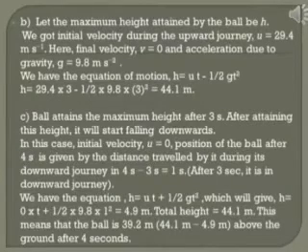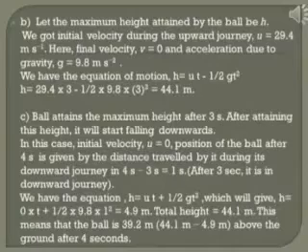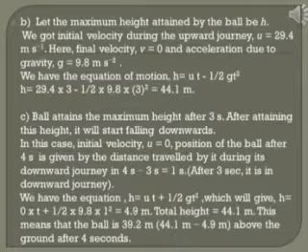You know that after 3 seconds, it is in downward journey. Then, what should be the distance traveled by the ball in 1 second? Here we have to use the equation of motion h is equal to ut plus half gt square, since the ball now is a freely falling body. On substituting the values of u, g and t, we get h is equal to 4.9 meter.